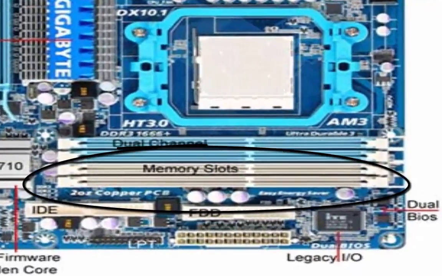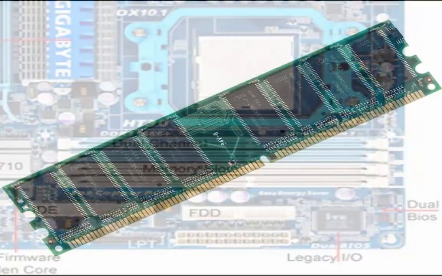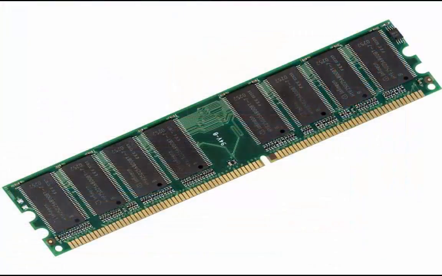And at the bottom of the motherboard you will find memory slots. And what does this mean? Memory is just RAM. RAM is just random access memory. It is the slot where your RAM goes. Now RAM is like this, and maybe you have seen this image in your first standard, but it's good to revise.